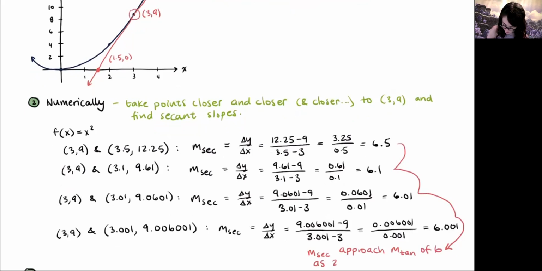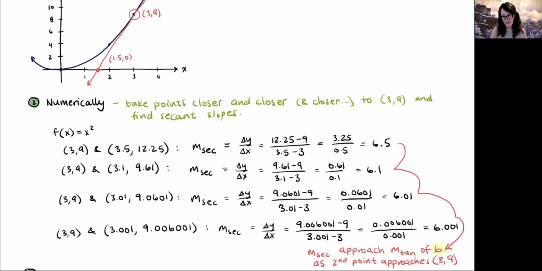So as the second point approaches 3,9, this method would suggest that the tangent line slope at the point 3,9 would be 6.